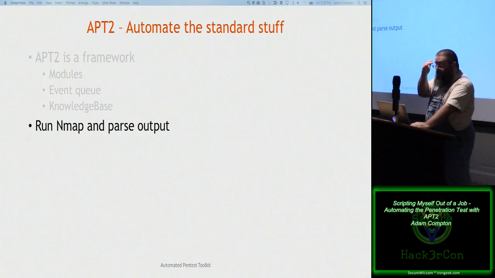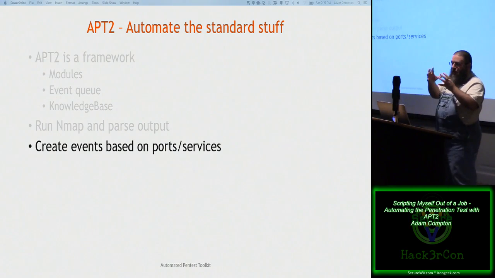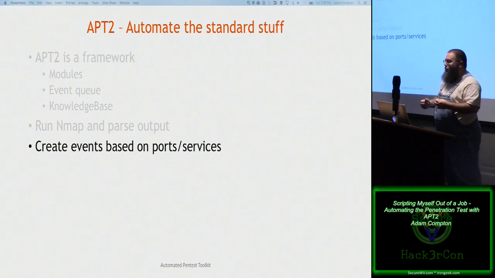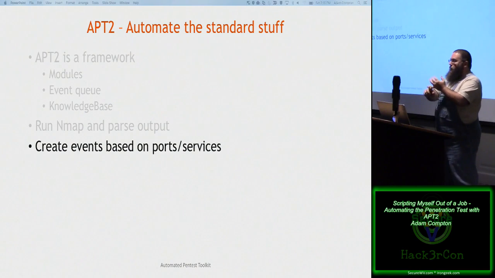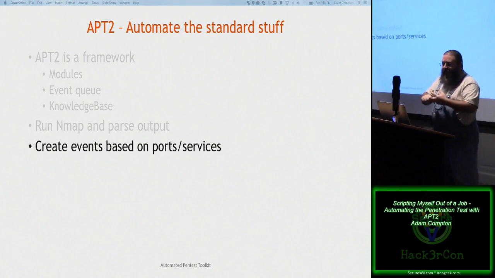It starts by running nmap, taking the output of nmap, and hopefully in the future using additional input tools, whether it's from Burp Suite or insert tool of choice, whatever you have at your facility.